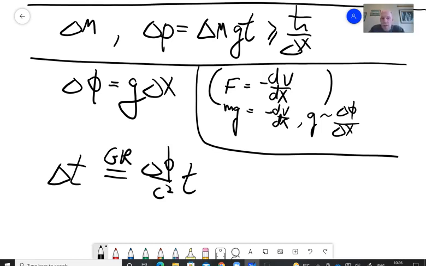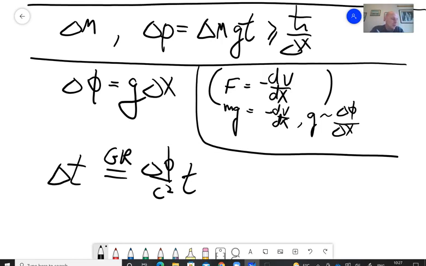Of course, in GR, it's a classical theory, there is no uncertainty. I mean, in GR, the time difference is the potential difference divided by c squared times the time of the measurement. But the interpretation, or what is relevant to this gedanken experiment, is that we don't know phi to arbitrary accuracy, and therefore it leads to an uncertainty in the time.